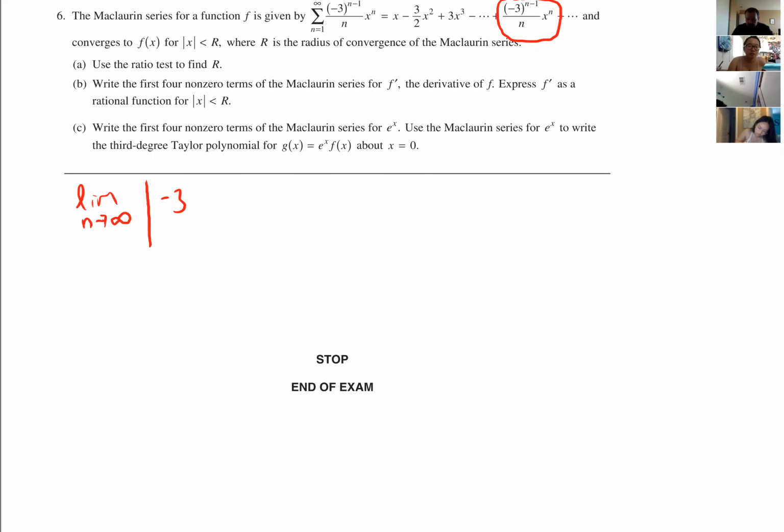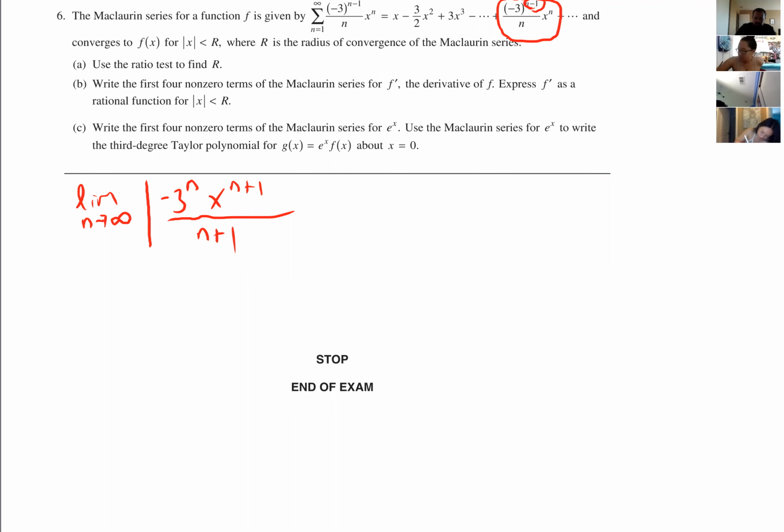So when you have n minus 1, when you change that n to an n plus 1, n plus 1 minus 1 is just n. And then I have x to the n plus 1 over, instead of n, I just put in the numerator, no big deal. So x to the n plus 1, and then over n plus 1. And then I'm going to divide by the general term.